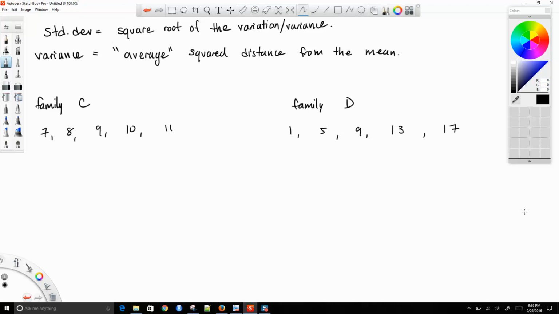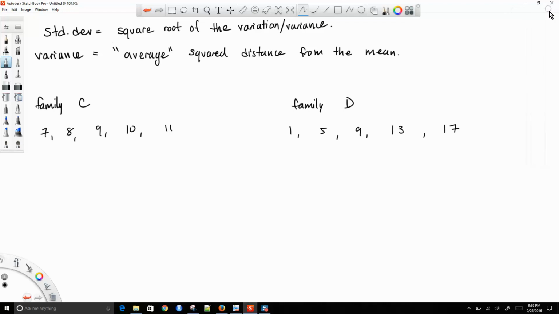Both families have 5 kids, and the mean age for both is 9.